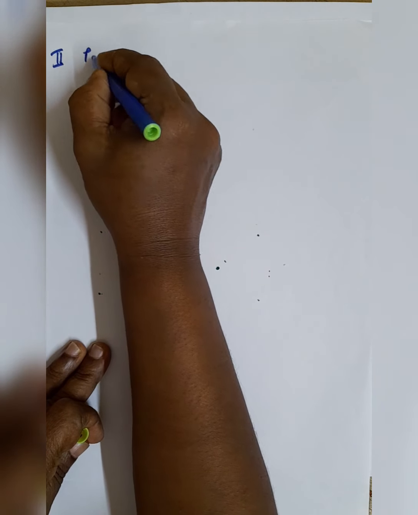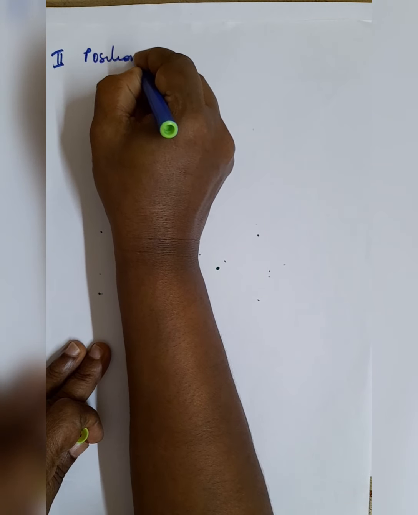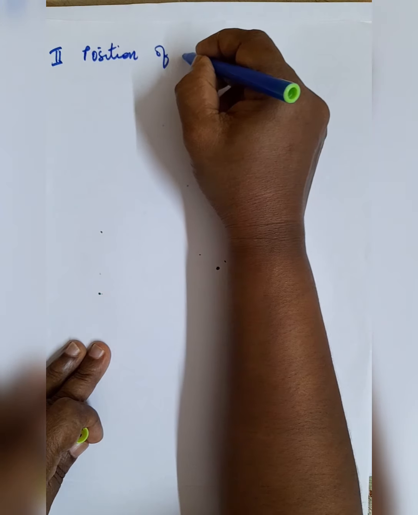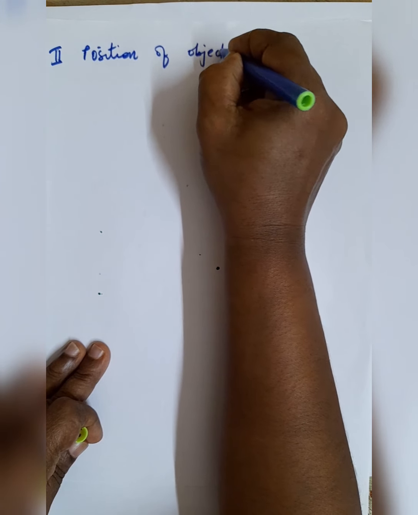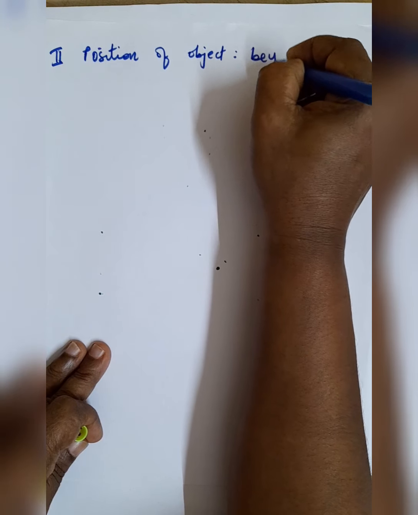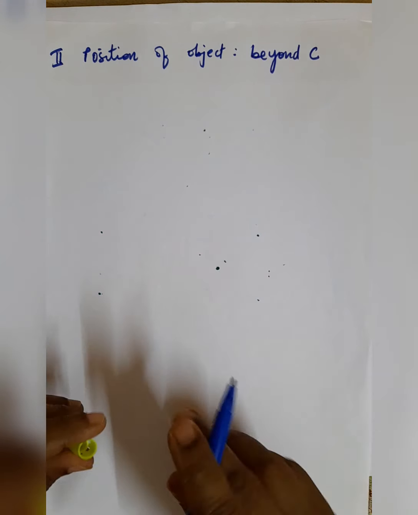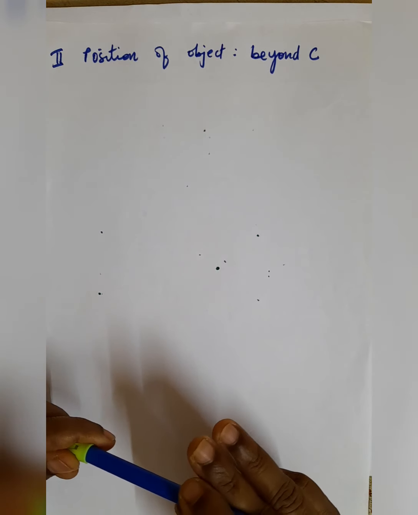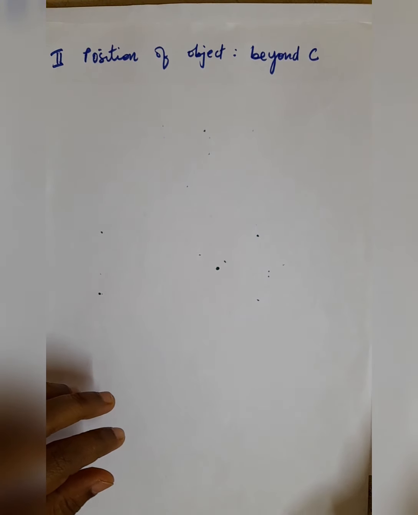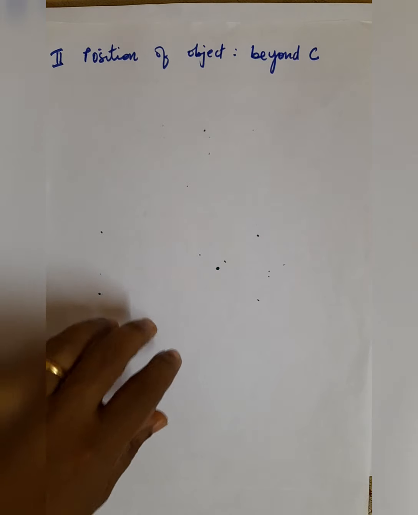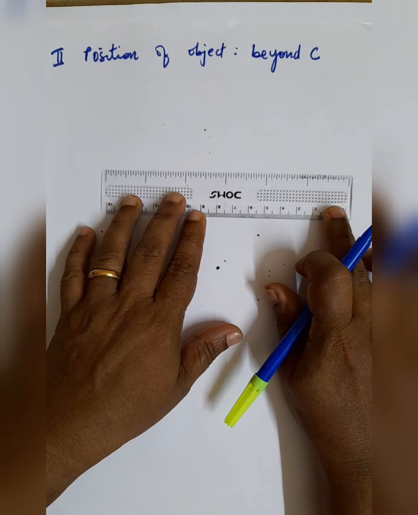Okay, students, we go for the next position of the object, the second one. The position of the object is beyond C. Beyond means it's further than C. So as usual, we draw the principal axis.